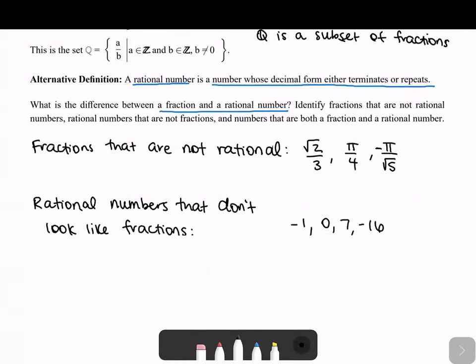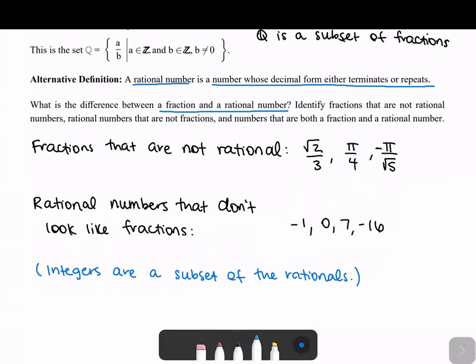So that tells us that the integers, well, I'll write it here in blue. That tells us that we can think of the integers are a subset of the rationals. And this is because of this reason we just talked about above.